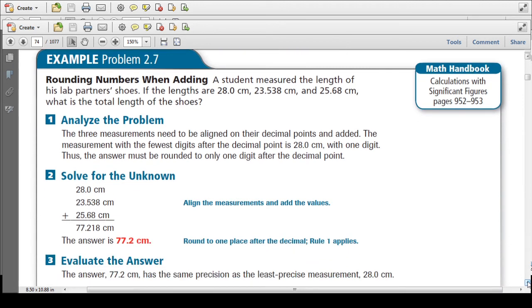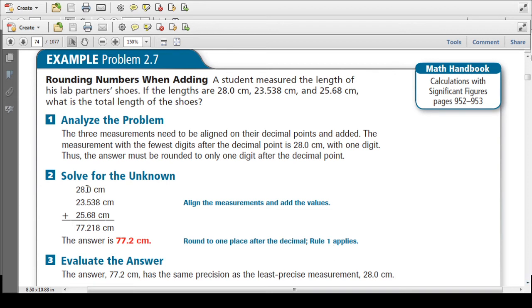The 3 measurements need to be aligned so that the decimal points line up, and added. The measurement with the fewest digits after the decimal point is 28.0, with 1 digit. Thus, your answer must be rounded to only 1 digit after the decimal point.